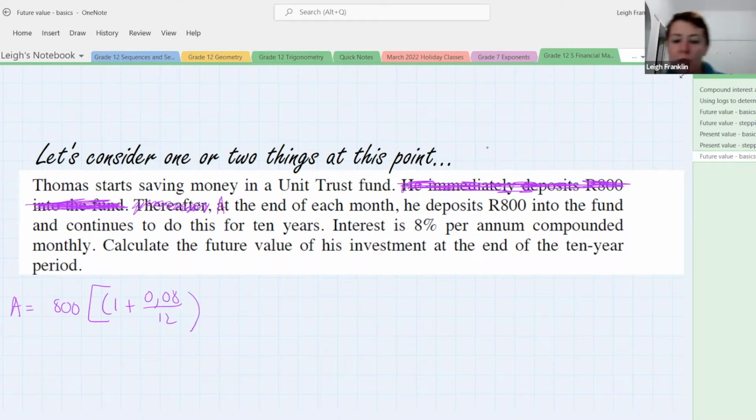Okay, so I want to know from you guys, what are you using as the value of N? Because I have removed the sentence that says he immediately deposits 800 Rand into the fund, and we're only considering at the end of each month, what is my exponent going to be in this case, my value of N?